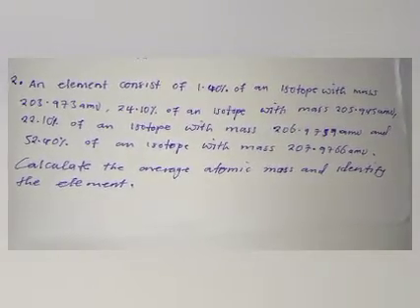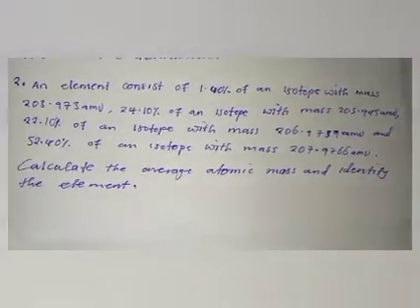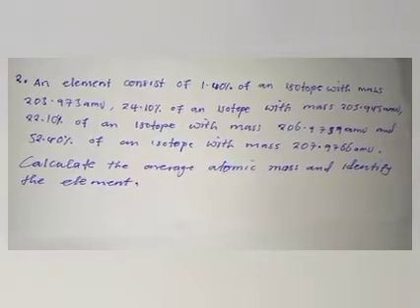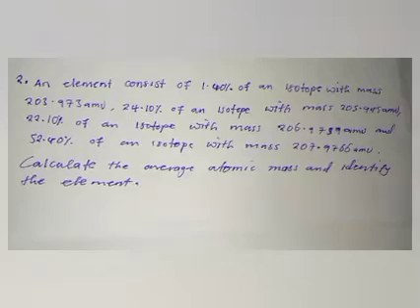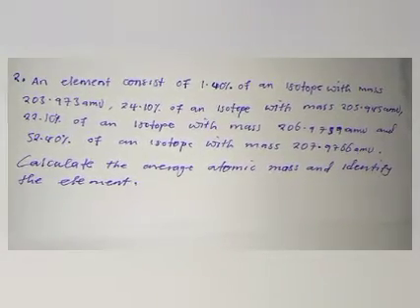Having been given this question as the second example, which says an element consists of 1.40% of an isotope with the mass 203.973 atomic mass unit, those are the units for mass, 24.10% of an isotope with mass 205.945 atomic mass unit.